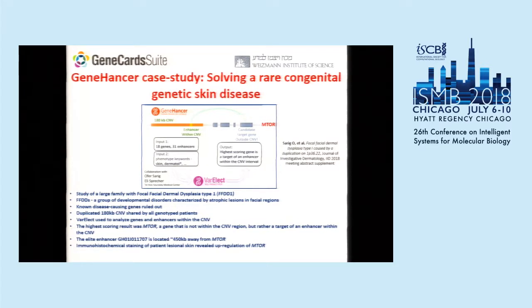The gene of interest that VarElect found, MTOR, was a target of this enhancer with that mutation. GeneHancer gives its own identifiers, and it was 450 kb away from MTOR, but VarElect found this association, and this was confirmed by immunohistochemical staining, where they saw upregulation of MTOR. We were very excited, and then they were able to present it at a medical conference.